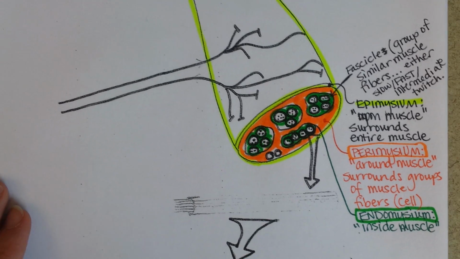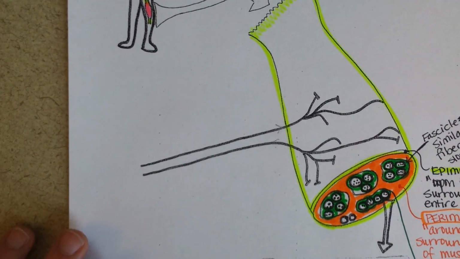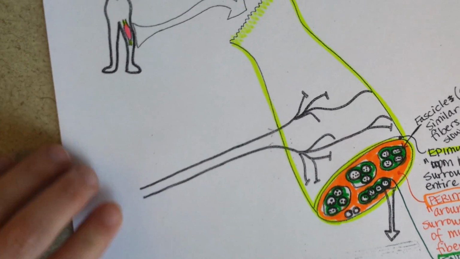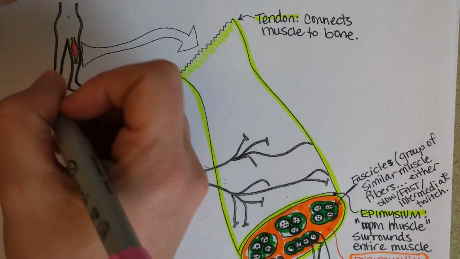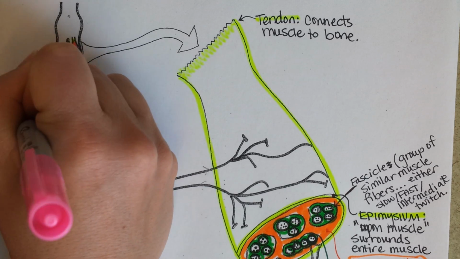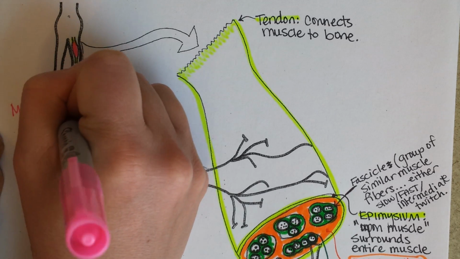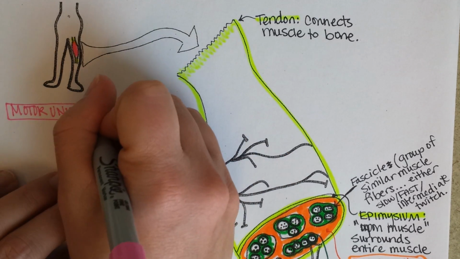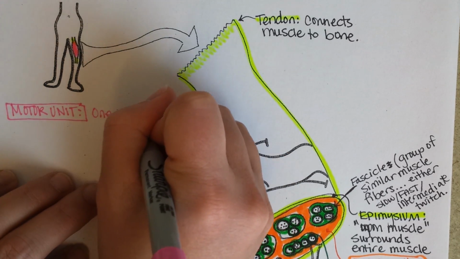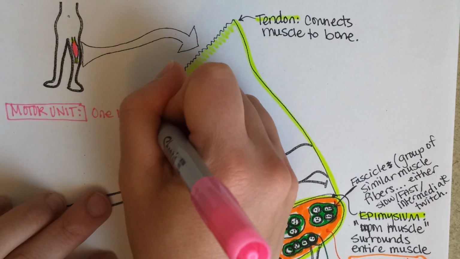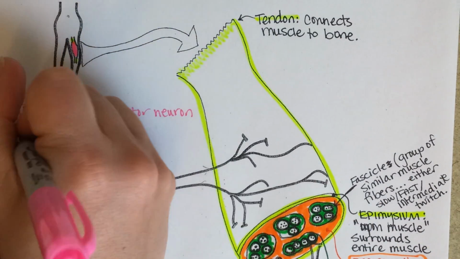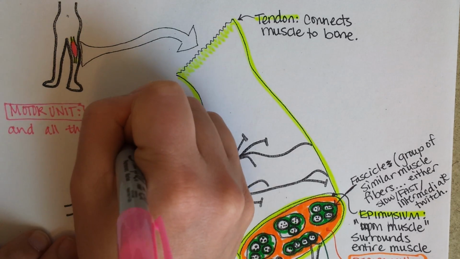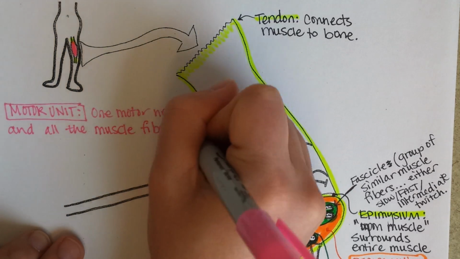What I'd like to look at right over here is what a motor unit is. So a motor unit is one motor neuron and all the muscle fibers or cells that it controls.